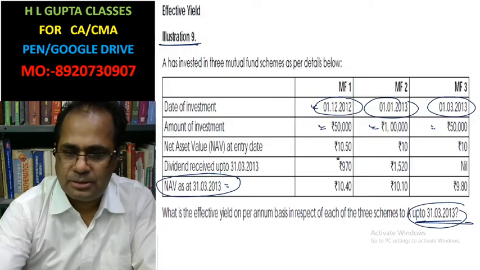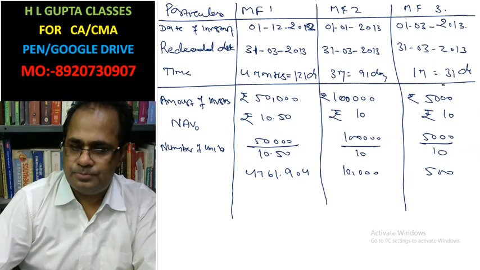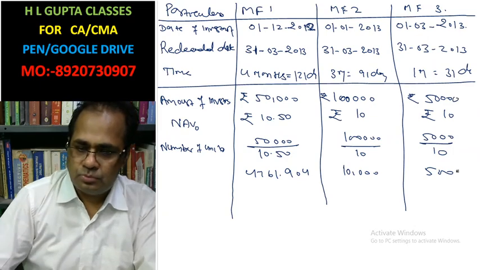Investment of this is 50,000, this is 5,000.